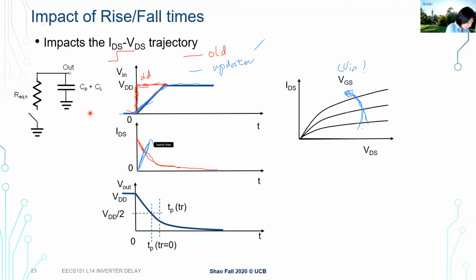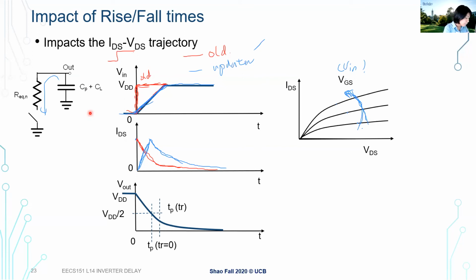And then I start the decay process. So my current takes more time even to reach this highest current point. If we think about my voltage transfer characteristics, we say this is basically discharging at a high current, so I can discharge really quickly.